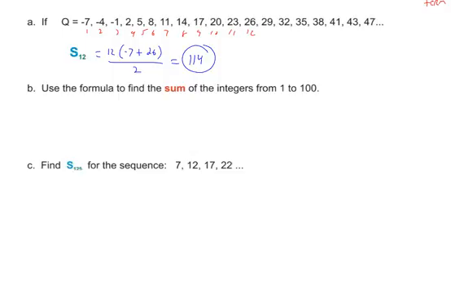So see if you can figure out the sum of the integers from 1 to 100. 1 plus 2 plus 3 plus 4 plus 5, all the way up to plus 100, right? That was the question. So hopefully you figured out that a sub 1 is 1 and a sub 100 is 100, right? And n is 100. So you're doing S of 100.